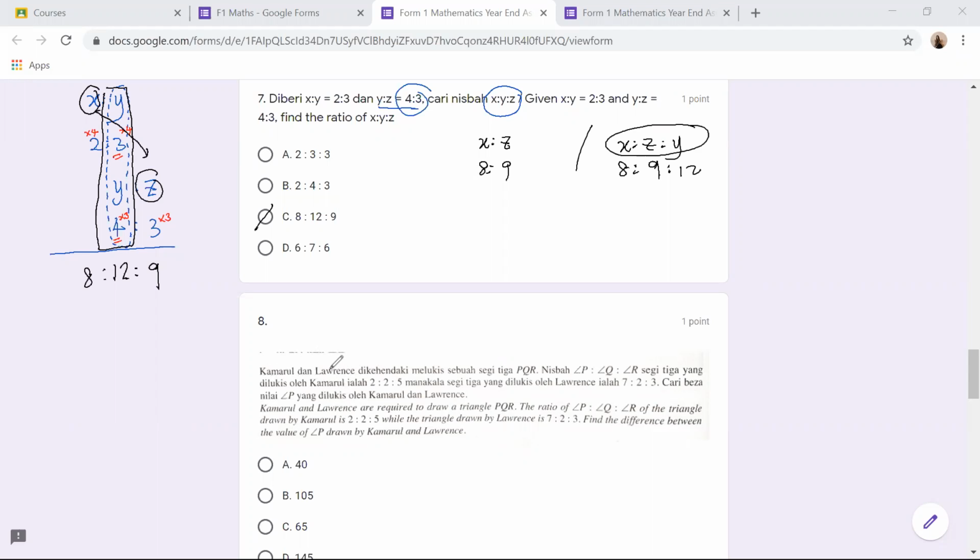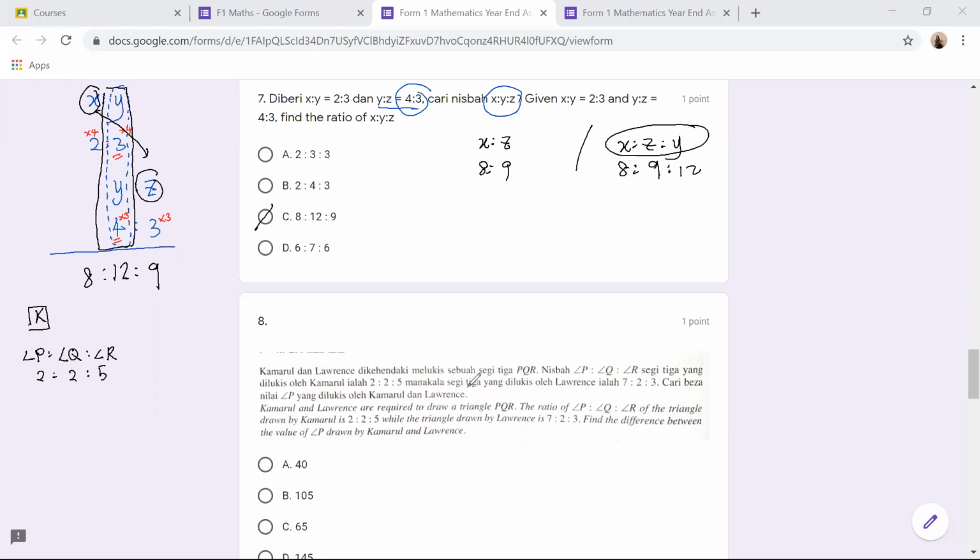Camaro and Lawrence are required to draw a triangle PQR. The ratio of angle P to angle Q to angle R drawn by Camaro is 2 to 2 to 5.